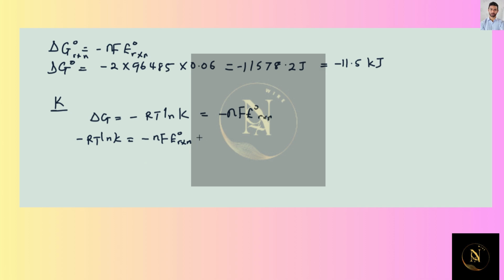And then ln K will be equal to minus nFE standard of reaction divided by minus RT. And K then will be equal to the exponential of that. So let's just cancel out.